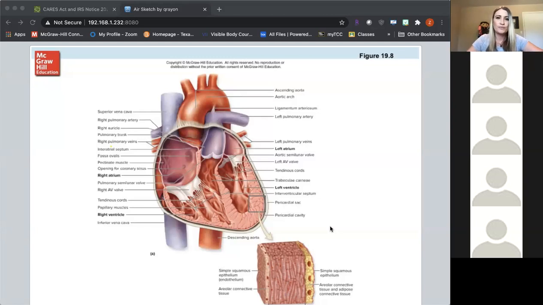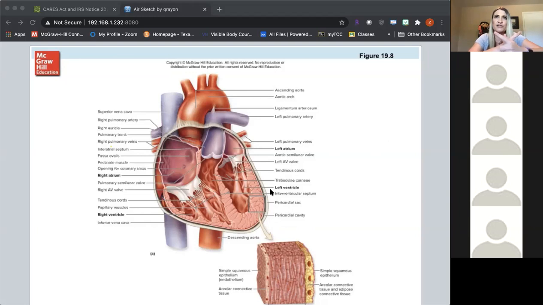And so if you have a backup in the pulmonary capillaries, that means there is going to be excess fluid leaking out of the pulmonary capillaries, which means there's fluid accumulation in the lungs, and that would be impairing your breathing, okay? And that we call pulmonary edema, okay? So you have this excess fluid in your lungs, and so it would impair your breathing.